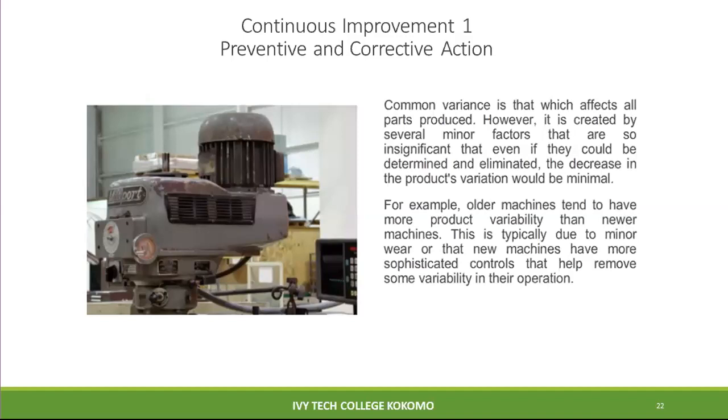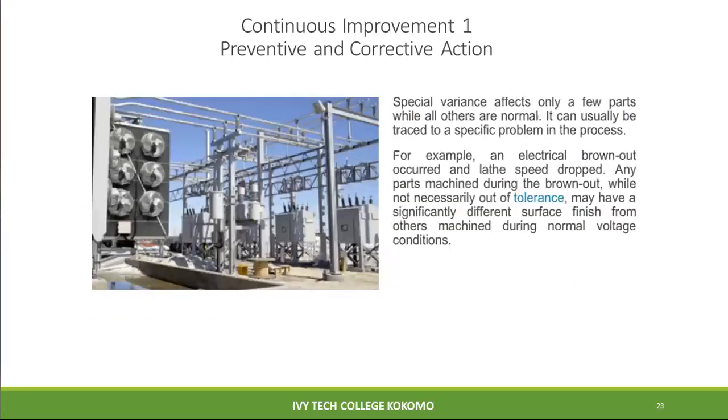If we can't determine what they are and eliminate them, we need to try to do something to minimize that variance. Okay. Older machines have more variability because they weren't precision machined in the first place. So, we're going to have newer machines that have less variability.